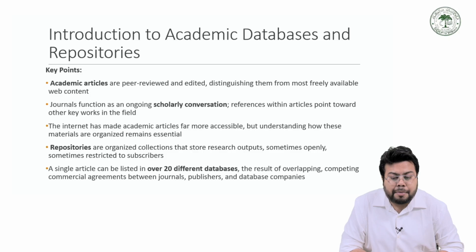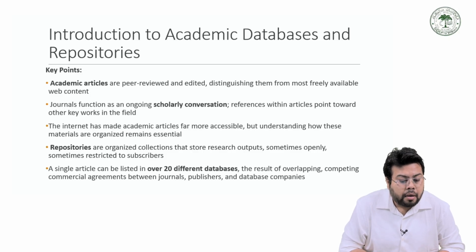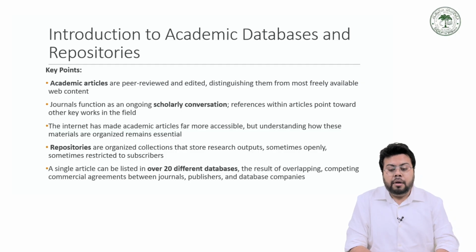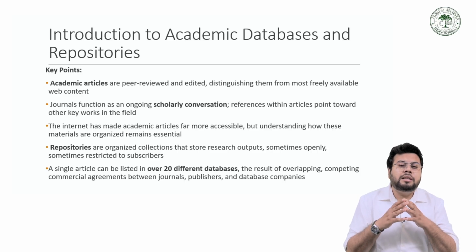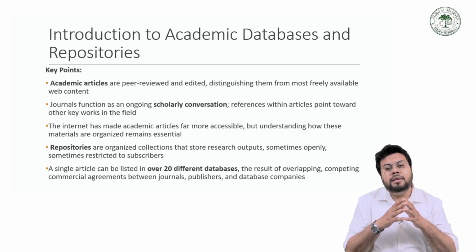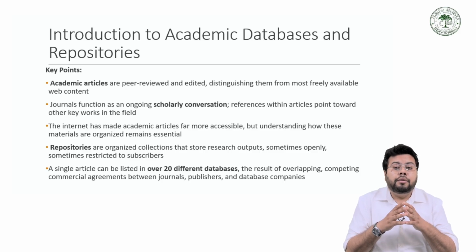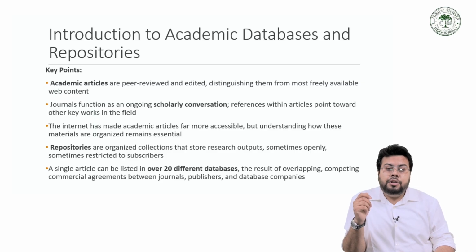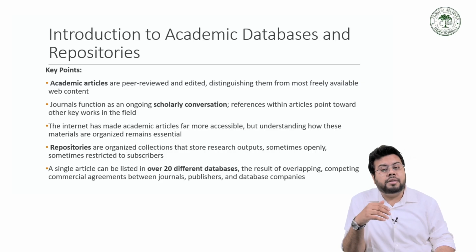Introduction to academic databases and repositories. Academic articles are peer-reviewed and edited, which distinguishes them from most freely available web content. So let's start by thinking about what actually makes an academic article different from an ordinary web page. The keyword is peer review. Before an article appears in a respected journal, it has typically been read and assessed by other experts in the field, and an editor has overseen that process.